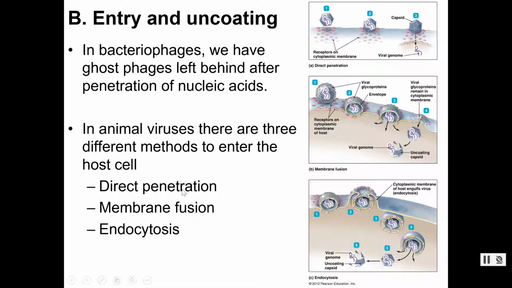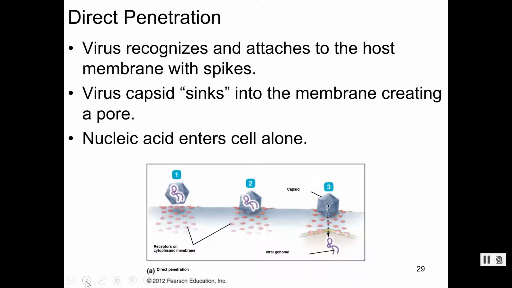So let's go through these. Direct penetration, membrane fusion, versus endocytosis. Let's do direct penetration first. Direct penetration is when you have a nucleocapsid of a virion. It binds to a receptor on the cytoplasmic membrane, and when that happens, it causes the entire nucleocapsid to sink into the phospholipid bilayer, creating almost like a hole in that membrane.